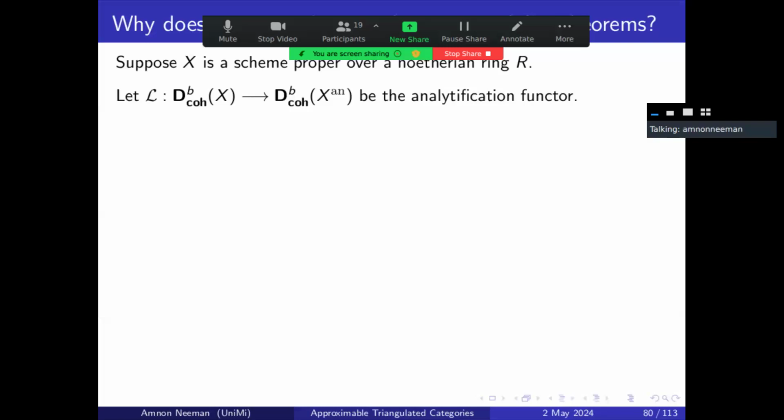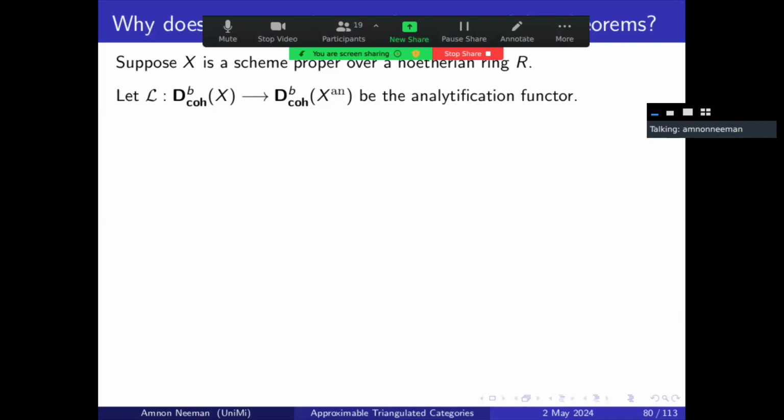So there is, for example, if R is a complete local ring, then you can look at the bounded derived category of coherent sheaves on X. And for the analytic category, you can look at the coherent formal sheaves on the formal scheme X analytic. And there's a GAGA theorem there too. It's called Géométrie algébrique et géométrie formelle, and it's due to Grothendieck.